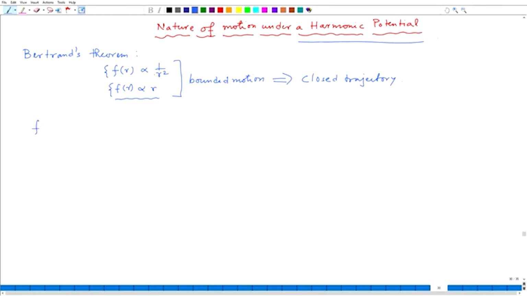For this case Fr is equal to minus Kr, where K is greater than 0.